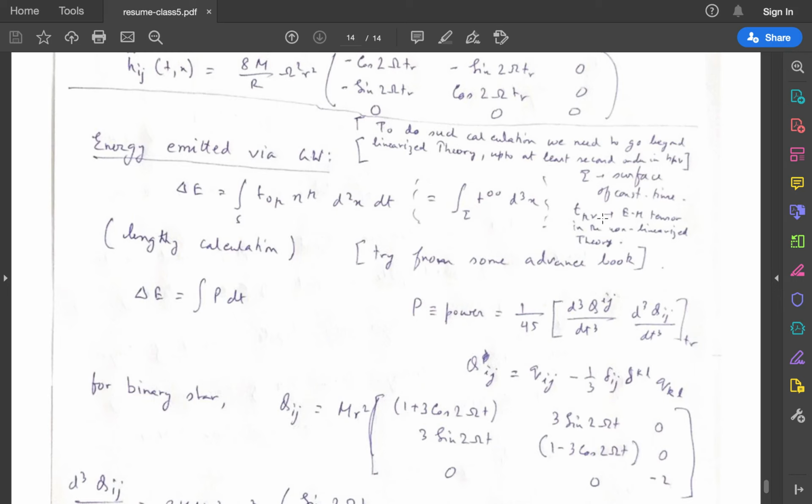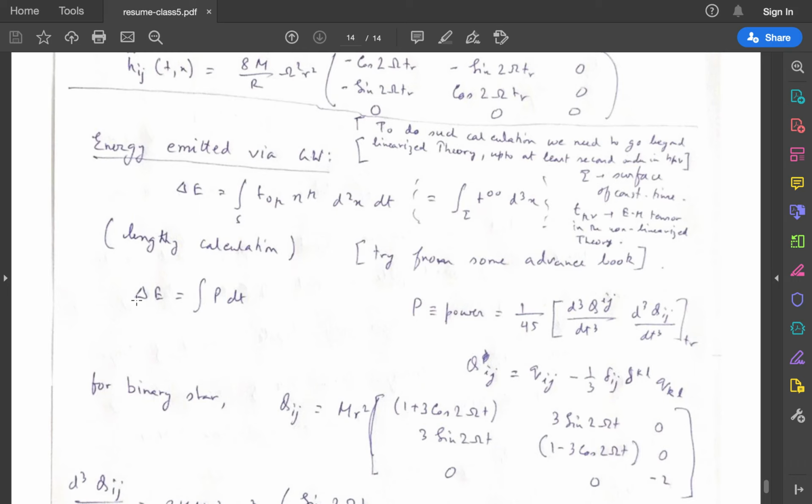T mu nu is the energy momentum tensor, but remember that this is the perturbation one, not only the energy part but also some perturbations, and therefore this is small t. If I do this, you can have a lengthy calculation, which you can try in some advanced book.